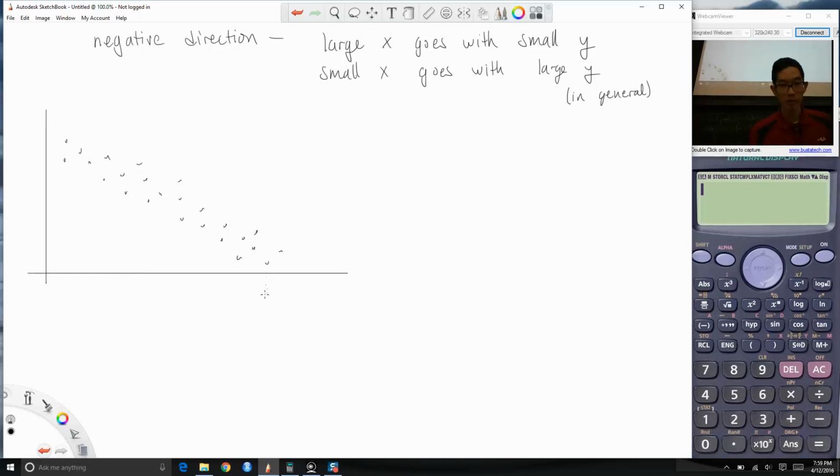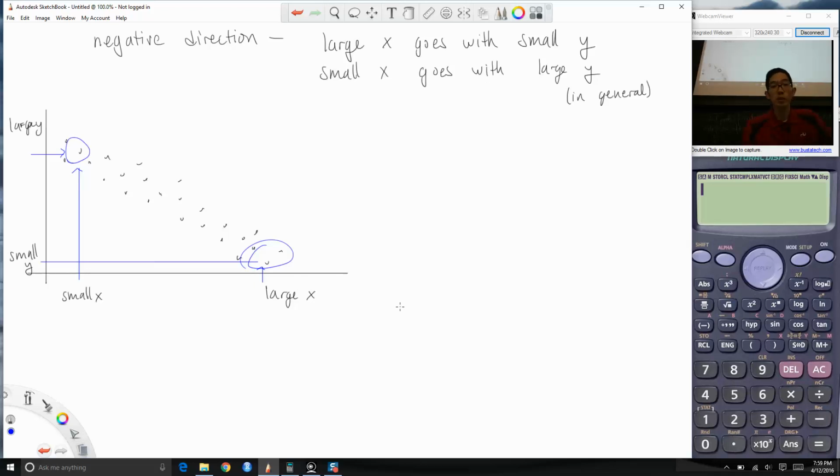Over here we have large x and small x, and here we have small y and large y. And so we see that small x is associated with large values of y, whereas large values of x go with small values of y.